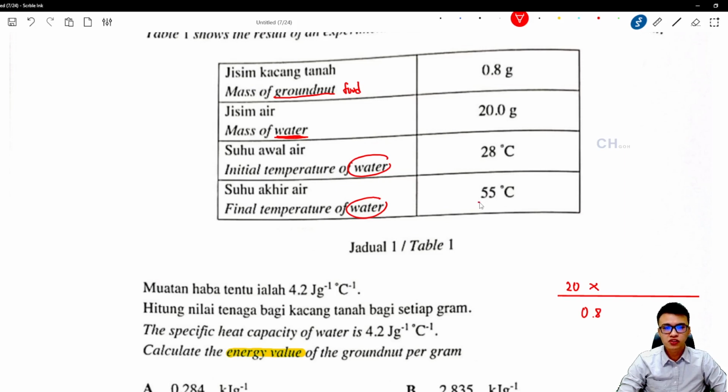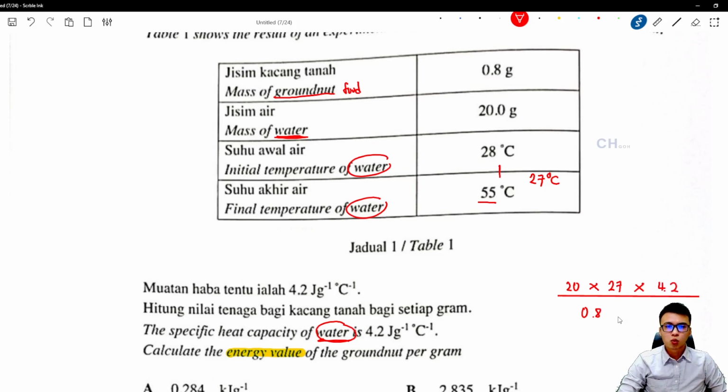So you use 55 degrees minus 28, and you will get 27 degrees Celsius, and you put it on top of the line. Next, you put the specific heat capacity of water on top of the line as well, because it is related to water.